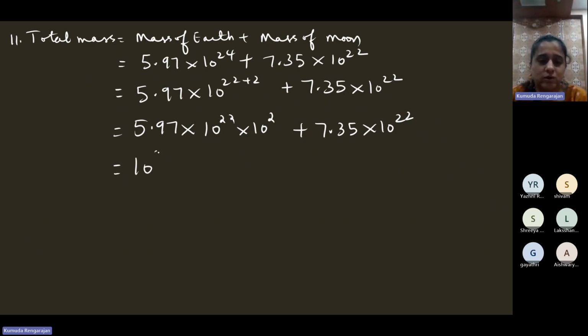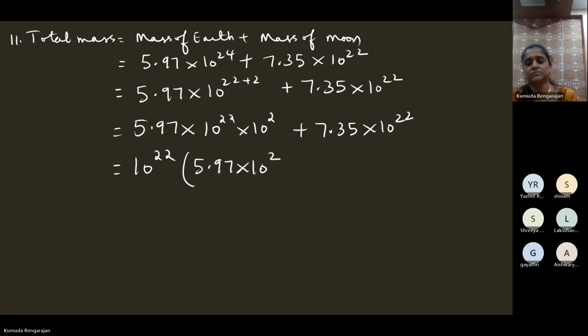Now 10 to the power 22 is common. Open a bracket. 5.97 into 10 squared plus 7.35. Because 10 to the power 22 is common, it's taken outside.